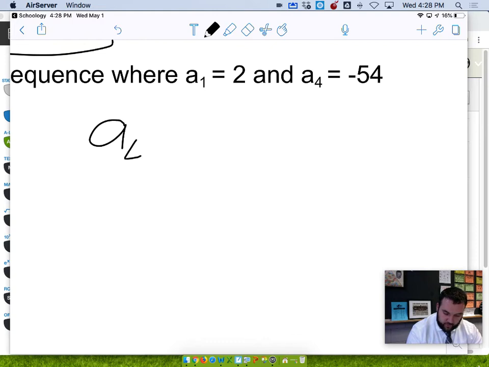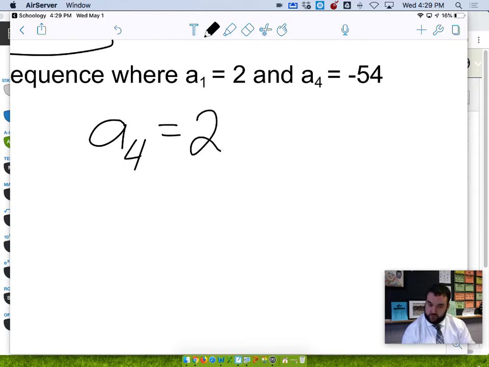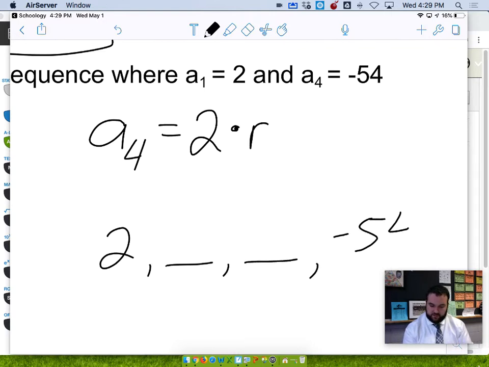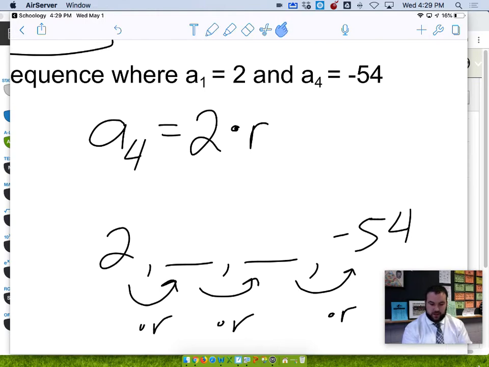We know that the fourth term, in general, if you think about it, in order to get the fourth term, you would start at the first term, which is 2, and you would multiply by the common ratio 3 times, right? To get from 1 to 4, it's 2, then second term I don't know, third term I don't know, then it's negative 54. So here I'm timesing by r, and I have to times by r 3 times to get to negative 54.